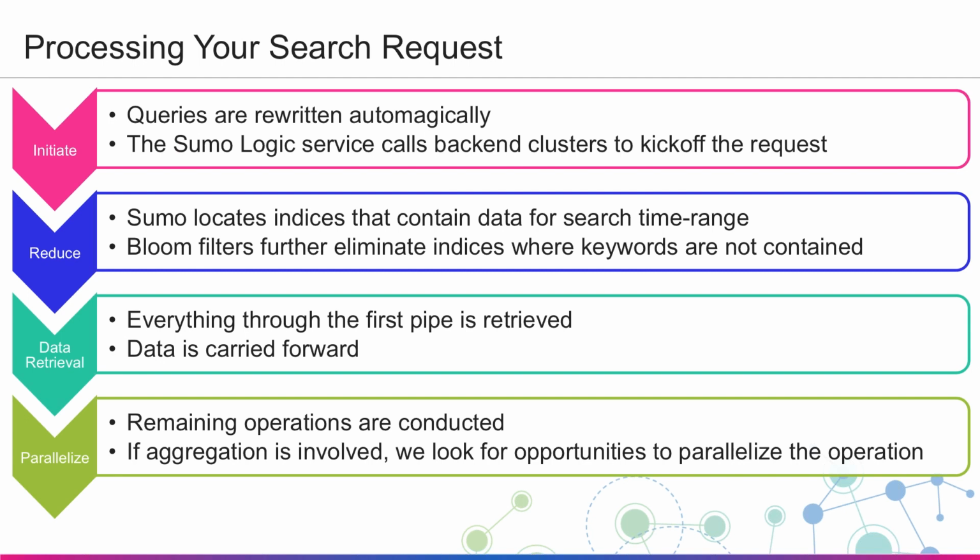So how does Sumo Logic actually process your search? What I have on screen is actually exclusive to this webinar. So for those of you joining, this is for your eyes only. This is not something publicly documented, but I think it's important for us to really call this out to help you understand what happens in the back end. So the first thing that we try to do when you write a search or send a search request is we try to rewrite your queries automatically.